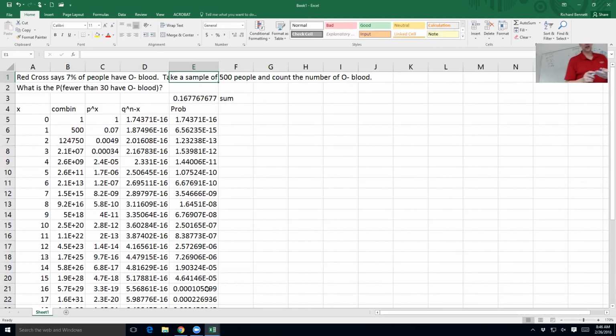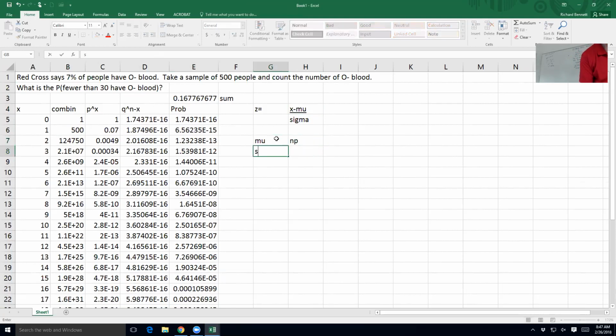Okay, so the idea here is I'm going to use the z distribution to do this now. So z equals x minus mu over sigma. I'm going to underline that so it looks like a fraction, but in order to do this, I need to find my mu, which equals NP.